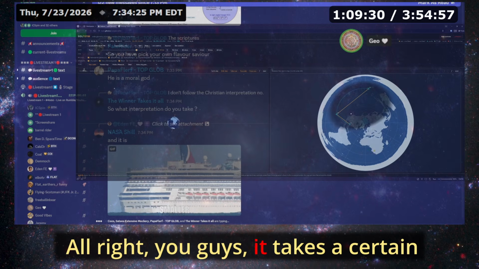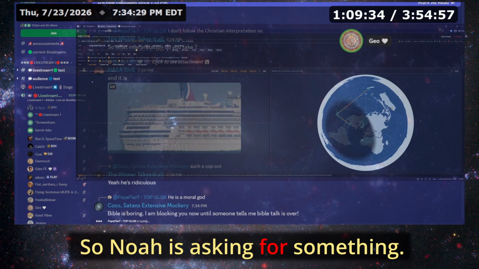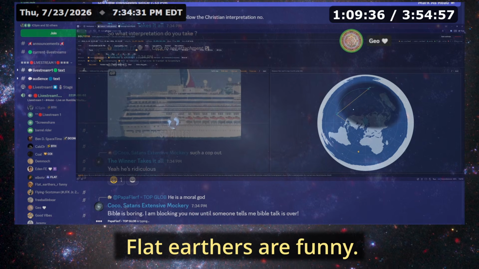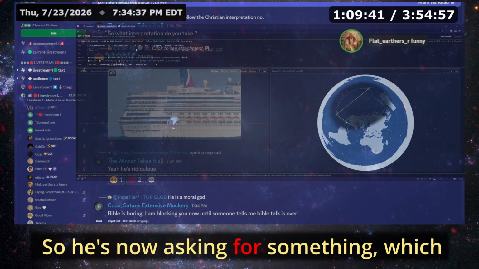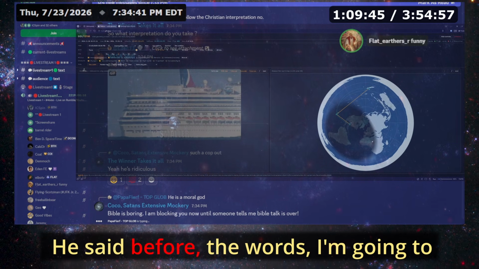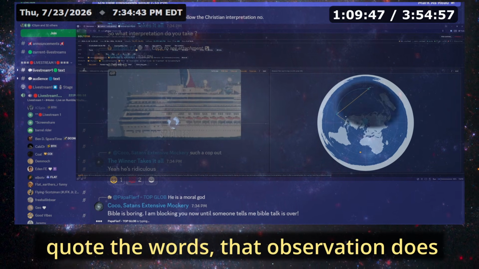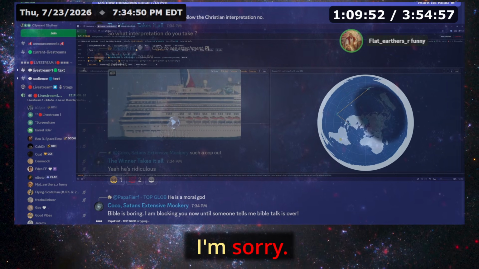All right, you guys, it takes a certain level of good faith and back and forth. So Noah is asking for something. Did you want to respond to that? Yes. He's now asking for something, which is different than what he said before. He said before, and I'm going to quote the words, that observation does not match the globe model. I thought I could speak.